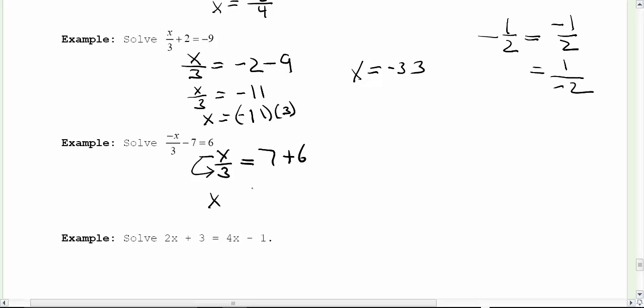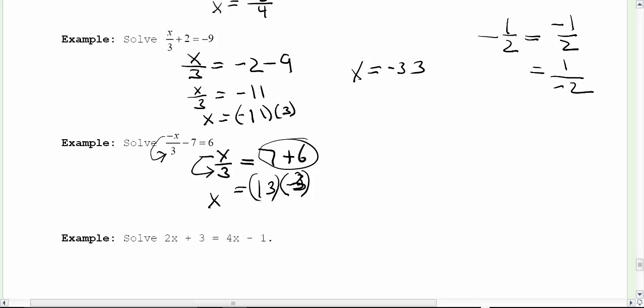Since I am dividing by -3, I'm going to bring it across, multiplying by -3. Again, watch what I did here. I'll point out I did add 7 and 6, it's 13. Again, that minus sign really can be associated with the 3.